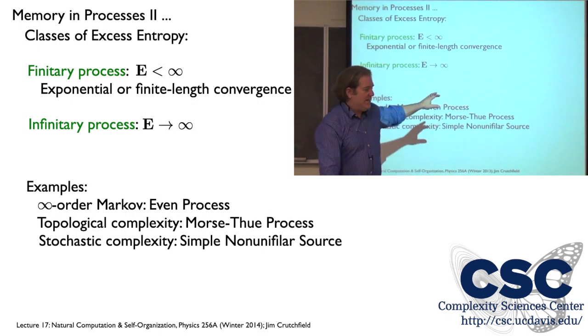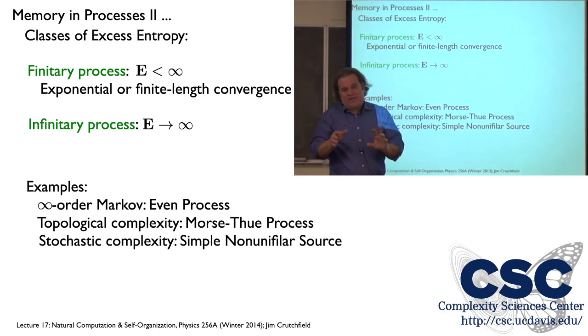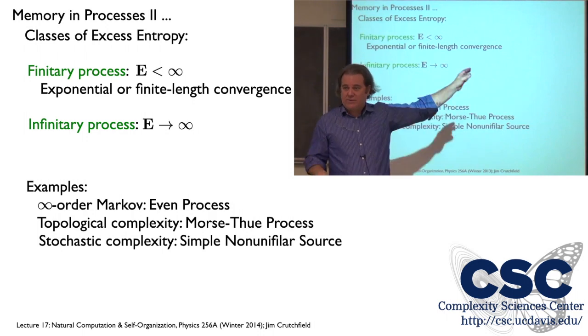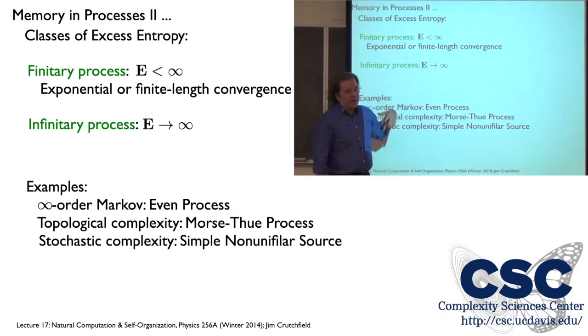When the excess entropy E diverges, it's hinting that there's something more sophisticated going on that's hidden from us: internal state structure. But at this point, we have just the process and the word distributions to work with. We don't have a notion of discovering what the intrinsic states are, but we have some signatures. So I want to go through a couple of examples here.